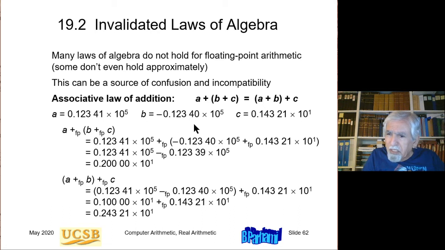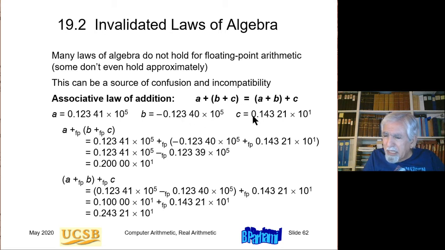Okay, so intuitively what happens if you first add B to C, this being a large number, this being a small number with a small exponent, you basically shift this to the right and lose the digits of C as they are shifted to the right. And therefore C does not make much difference when you add it.